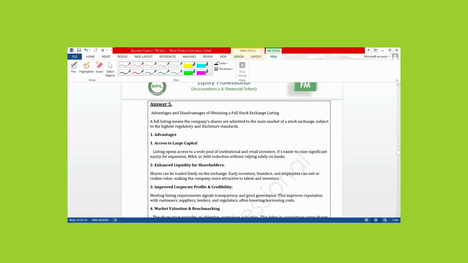Because once your company is listed, there's transparency and good governance. This improves reputation with customers, suppliers, lenders, and regulators.